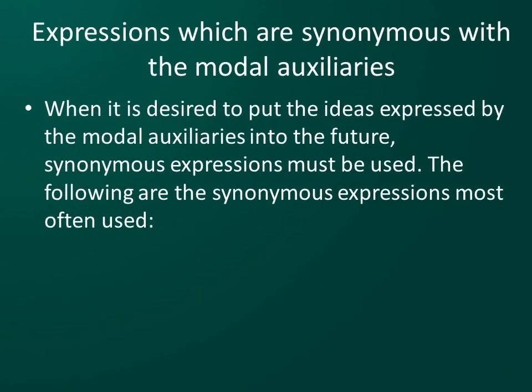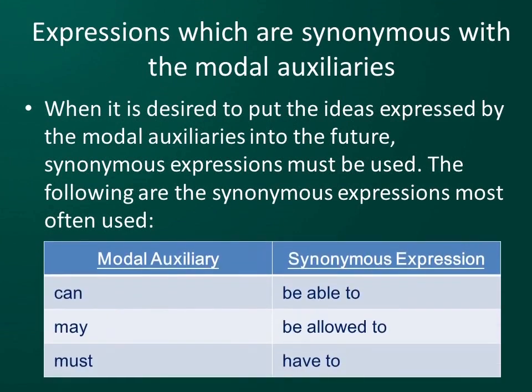When it is desired to put the ideas expressed by the modal auxiliaries into the future, synonymous expressions must be used. The following are the synonymous expressions most often used: can, be able to; may, be allowed to; must, have to.